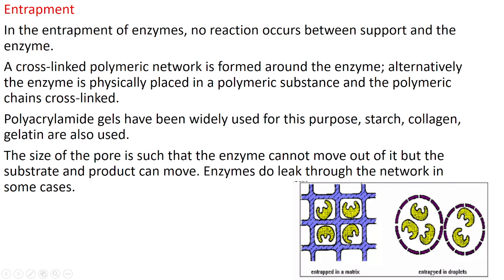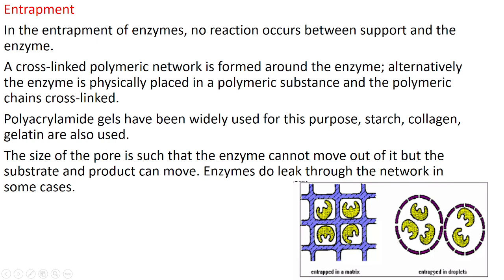The pore size of this entrapped matrix should be such that the enzyme cannot escape out of the matrix. The pore size should be smaller than the enzyme, but if the reaction has to happen, the substrate should meet the enzyme and the product should be formed.